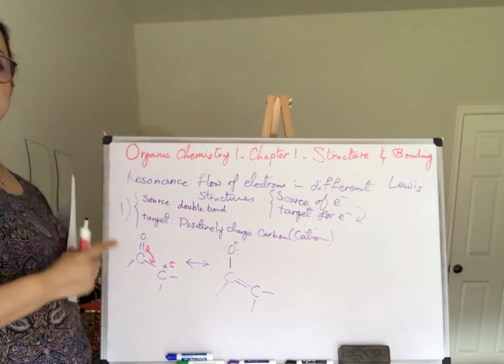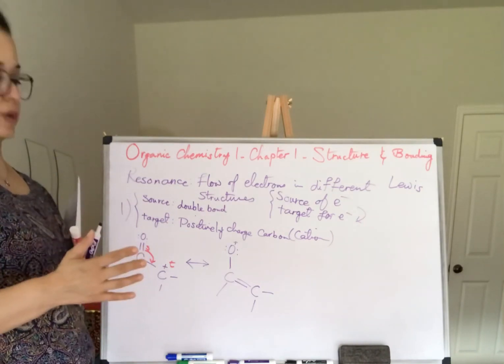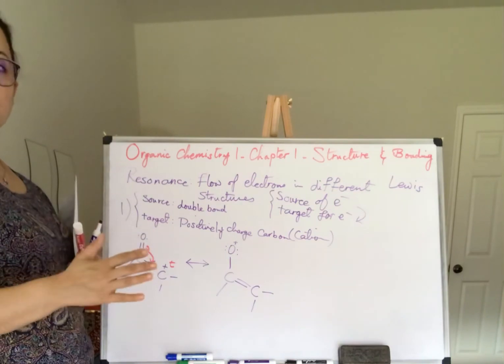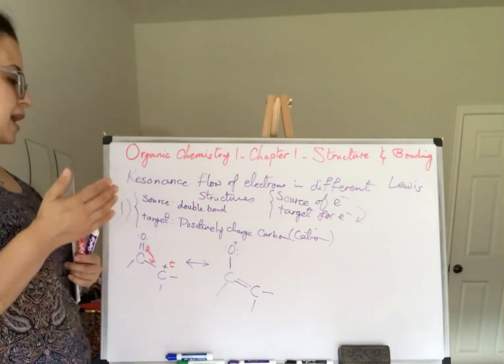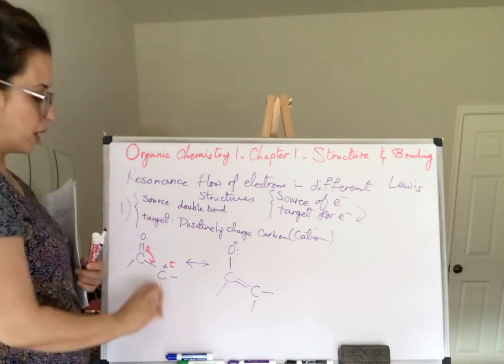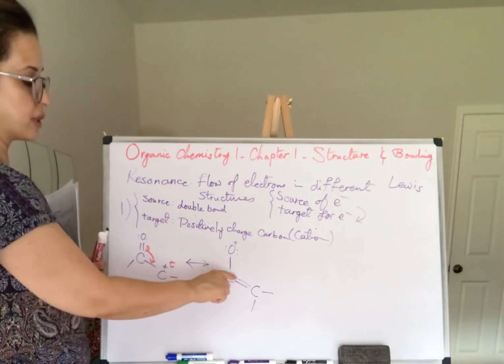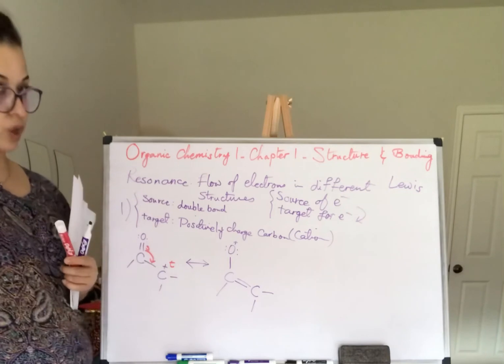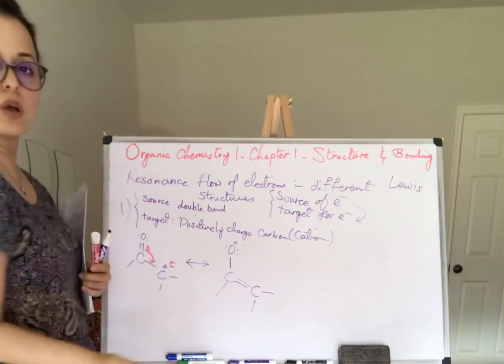There are some rules for formal charge. First of all, 0 formal charge on the atoms is the best. But is this the case here? No. On each of these resonance structures, you see a positive charge. So we go to the second postulate.